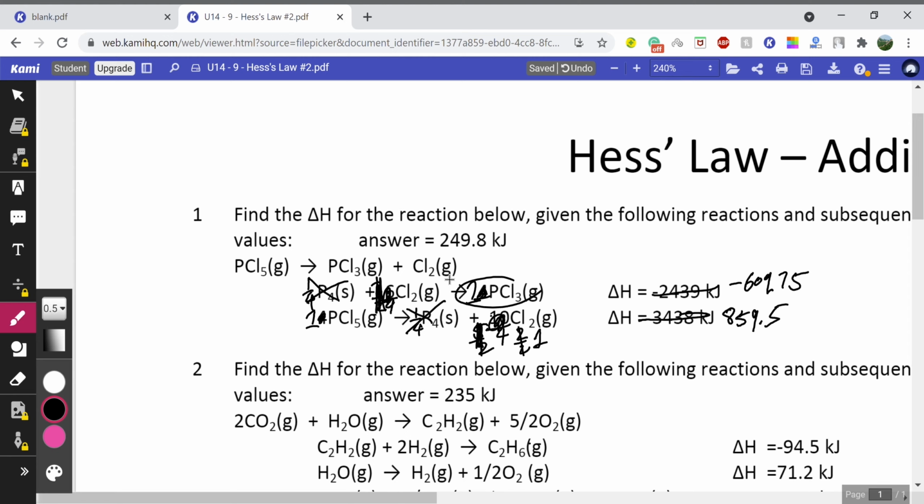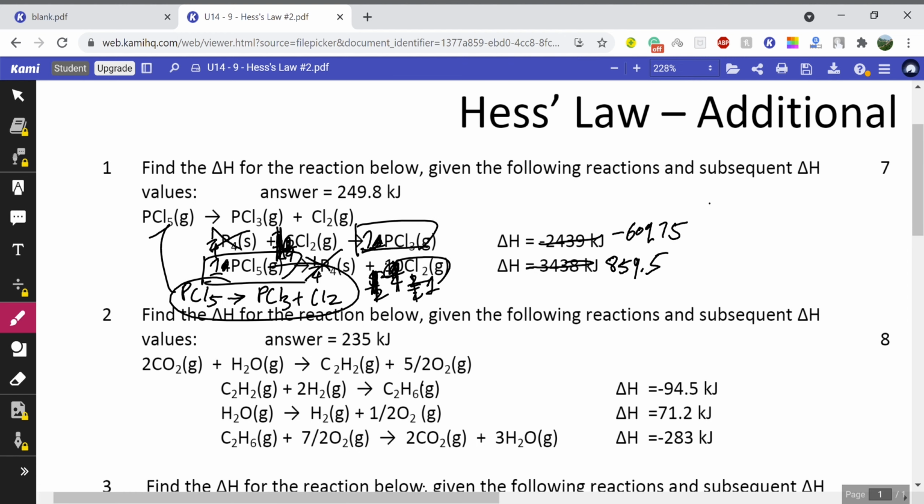Finally, we have PCl3. Our previous 4 PCl3 has been divided by 4 since we divided the whole reaction by 4, and now we have 1 PCl3. So circling out everything we have left over, we have PCl5 making PCl3 plus Cl2. This matches our reaction over here.